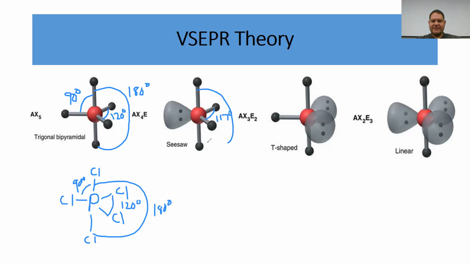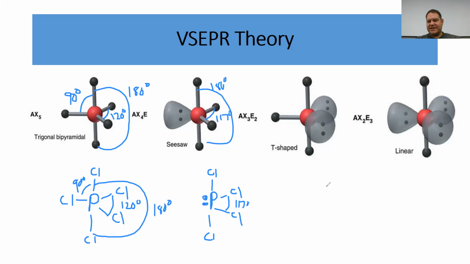And then from here to there is 180 still, okay, for the seesaw. And you could think of the seesaw as a phosphorus bonded to a chlorine, bonded to another chlorine here, to a second chlorine, and then we have a chlorine down here, okay? And then we have a lone pair that's sticking up there, and it creates this seesaw structural look, okay? So essentially, again, this angle is 117, and then the other angle from there to there is 180, okay?